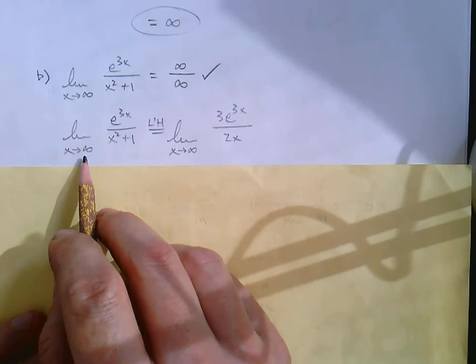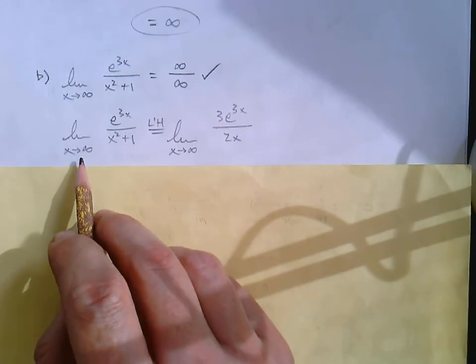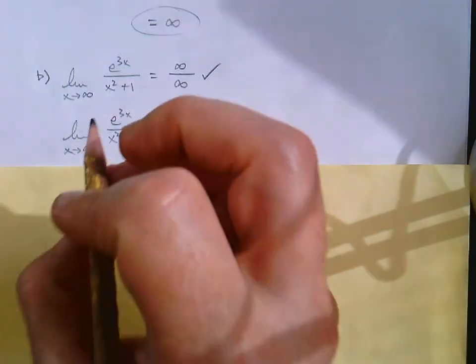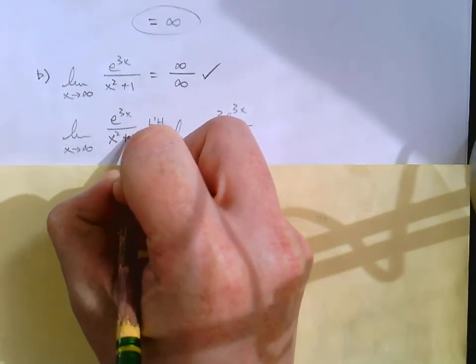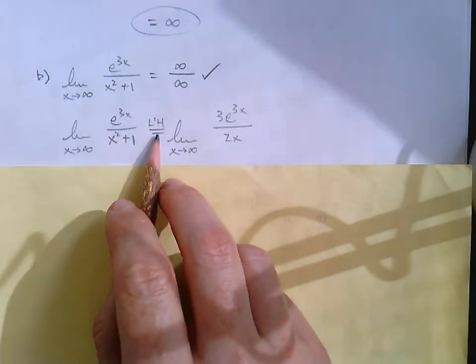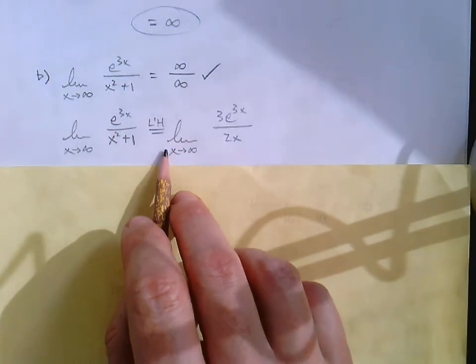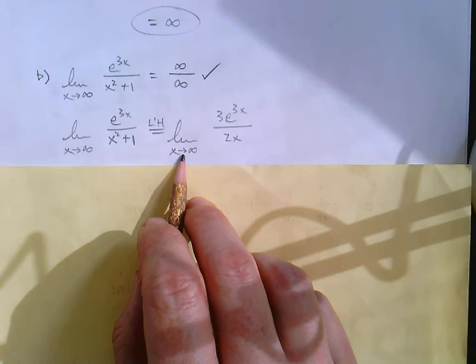Okay, then from here, what do we do? Well, I'm going to write it over again. Starting from the top, the limit as x approaches infinity, e to the 3x over x squared plus 1. At my equal sign, I'll write L'H. Let's repeat that limit as x approaches infinity. And then we'll take derivatives.